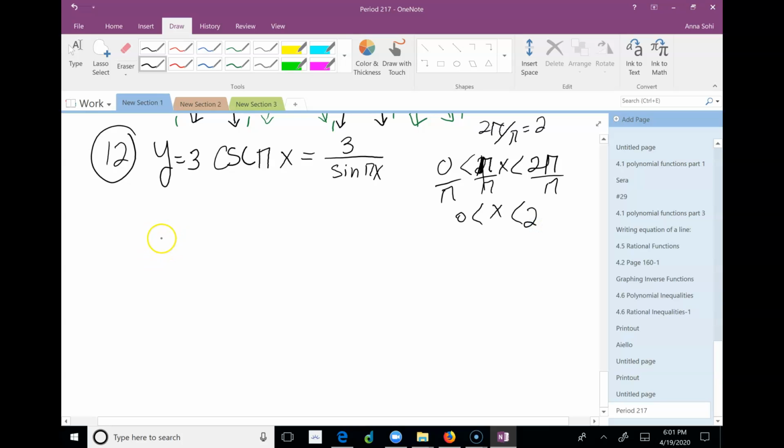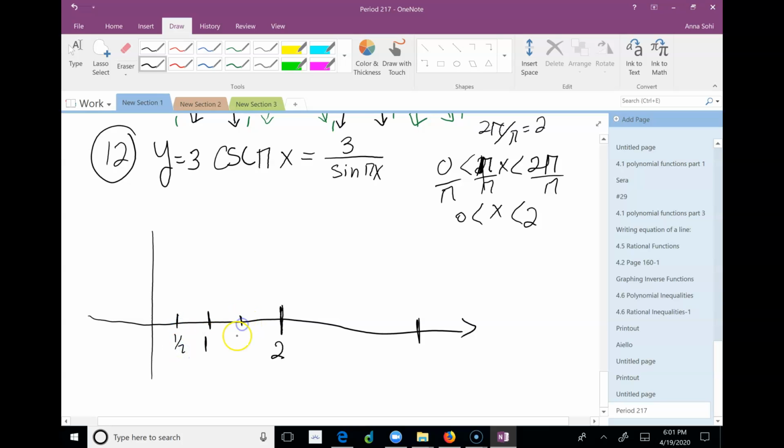So once you go and graph it for 1 period, you will be graphing for 2. If you are graphing for 2 periods, then you're going to add 4 here. But for 1 period, half of 2 is 1. Half of that is 1/2. Half of that is 3/4. Sorry.